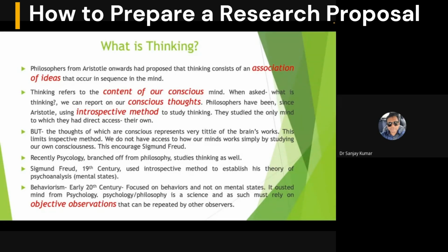Brain is carrying out a lot of work, and out of this lot of work, consciousness is one. It means the brain is also working subconsciously or unconsciously. This limits the introspective method. We do not have access to our mind's works simply by studying our own consciousness. Means by understanding our consciousness, we cannot understand the works of mind in totality.